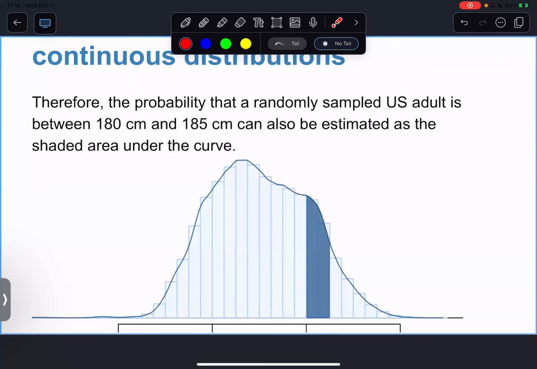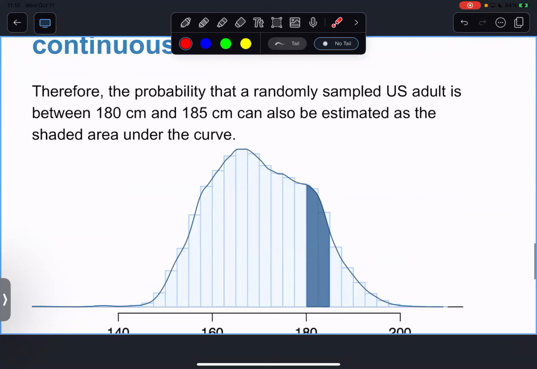So this smooth line is what we would integrate if we were to use calculus. If we were just looking at the histogram, we can figure out the heights of all the bars, and we can kind of manhandle it a little bit and get there, but we won't need to.